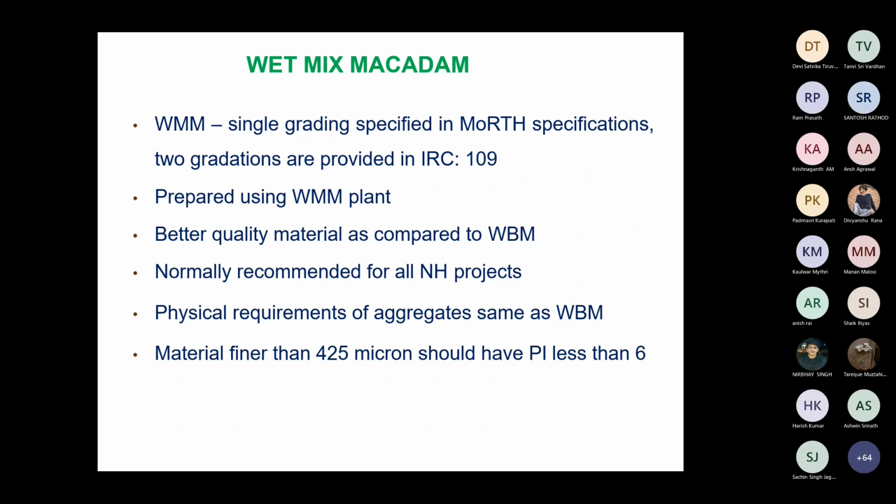While proportioning, take 2 or 3 trial mixes, and whichever proportion has the maximum dry density, MDD, with the least OMC can be chosen as the design mix. So this mix is more or less controlled compared to WBM. It has better quality material as compared to WBM.